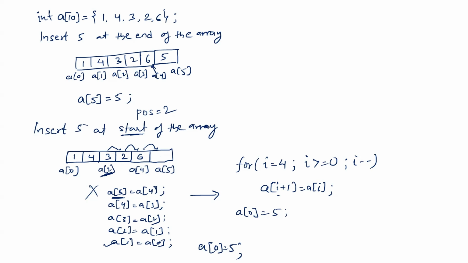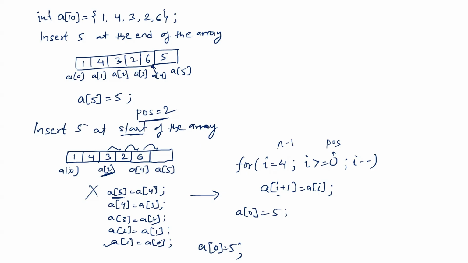So in this way, we are actually reducing this loop to our particular position. Whatever position is there, only till there we have to apply the loop. So instead of 0, I can substitute the POS value, that is the index value. And this for loop, if I want to make it general, then I can start from n minus 1, because n is the total number of elements.